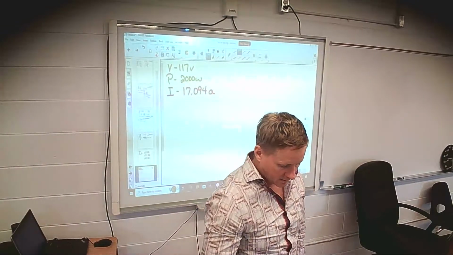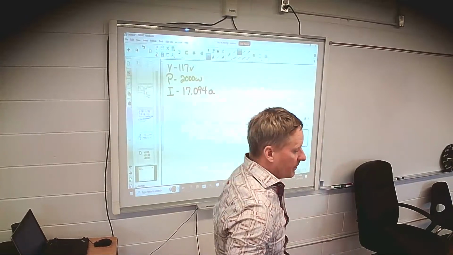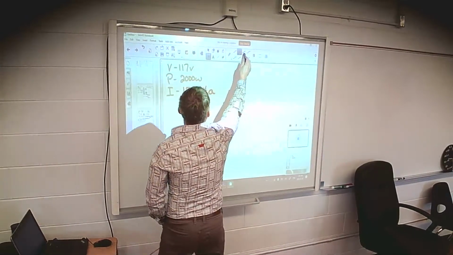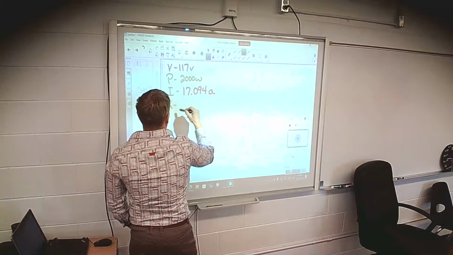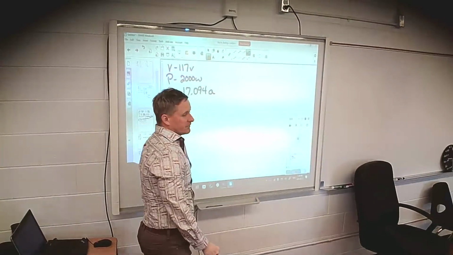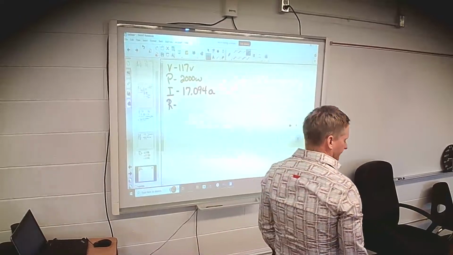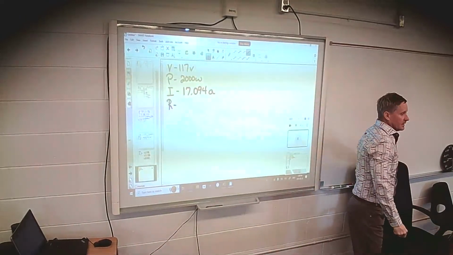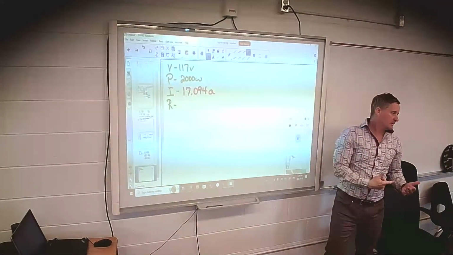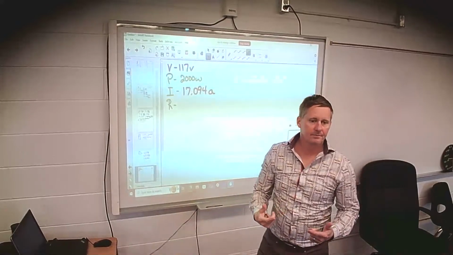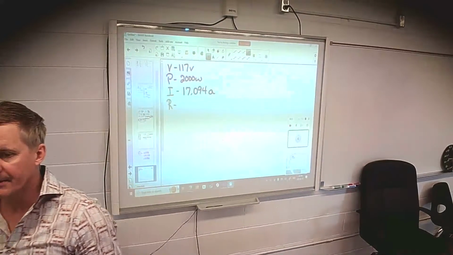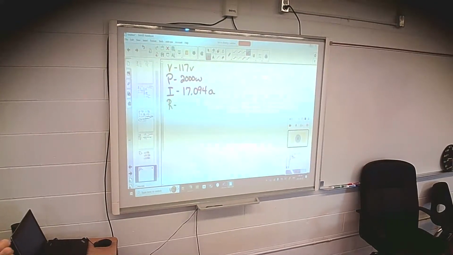Okay. What is the resistance of the furnace? So let's do this again. I want resistance this time. How would you find the resistance? You would use the VIR part. That's okay, but what happens if I made a mistake on it?